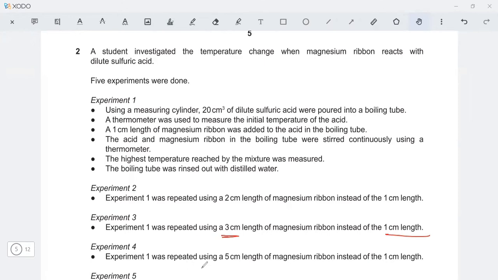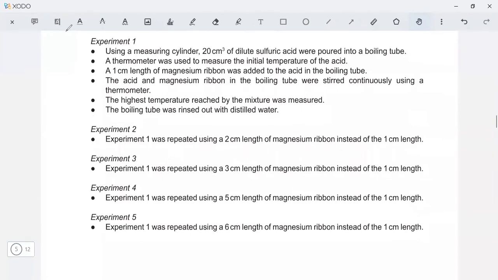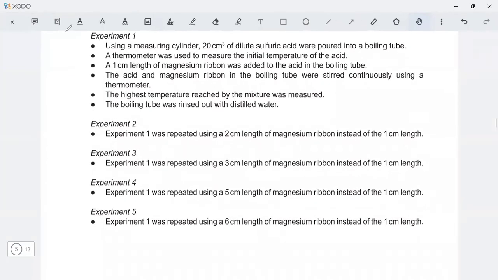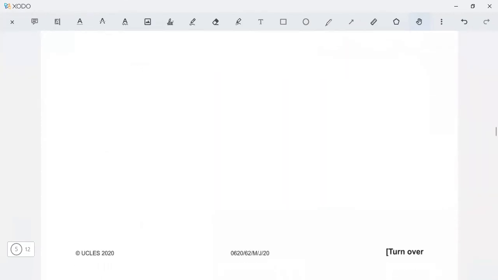Experiment 4 was repeated using a 5 centimeter length of magnesium ribbon instead of 1 centimeter length. Experiment 5 used a 6 centimeter length instead of 1 centimeter length. Okay, fine. So let's move on to the question.